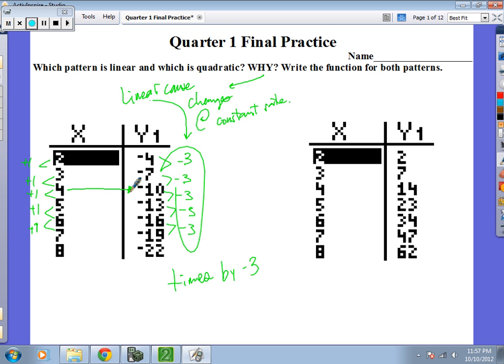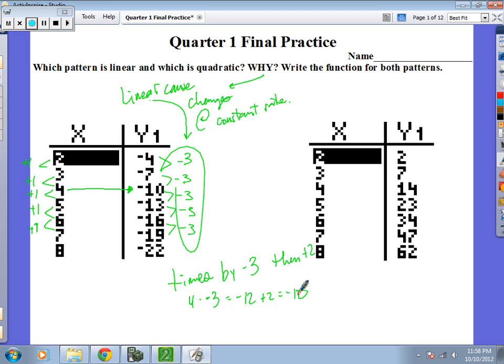So if I try my rule out, if I do 4 times by a -3, I'm ending up at -12. And I need to end up at -10, so here's what I'm going to do. I'm going to times by -3, then add 2. Because I know a -12 plus 2 is going to end me up where I want to at -10.